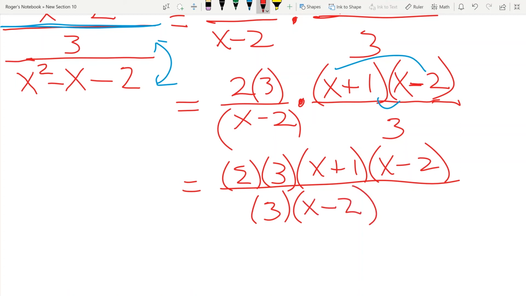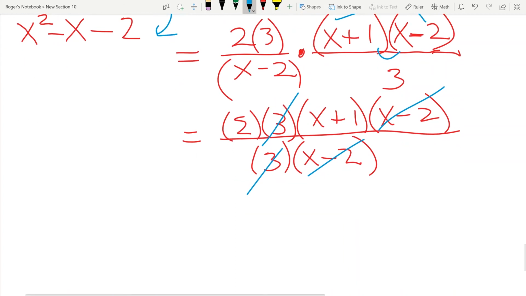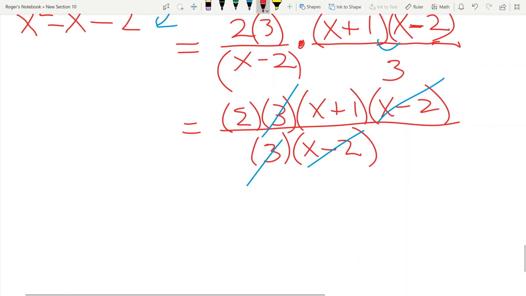Okay? Now we can do what we've been longing to do. We can cancel the 3 into itself, goes 1 time, so they cancel out, and then the x minus 2's cancel out. So what are we left with? Now it looks pretty simple. We're left with 2 times x plus 1, all divided by what?